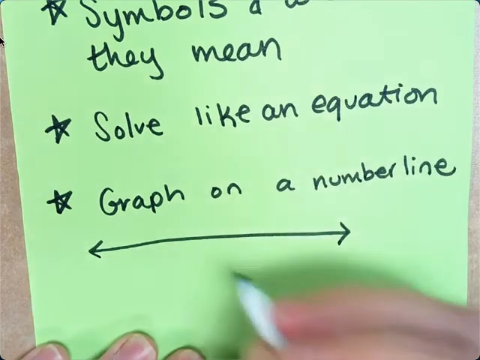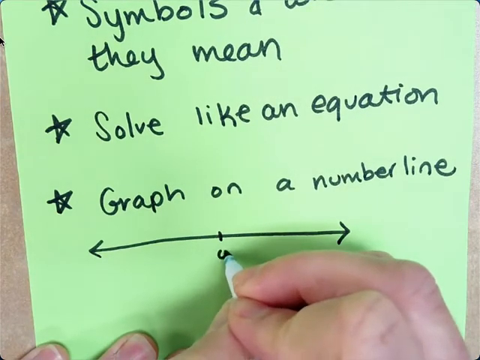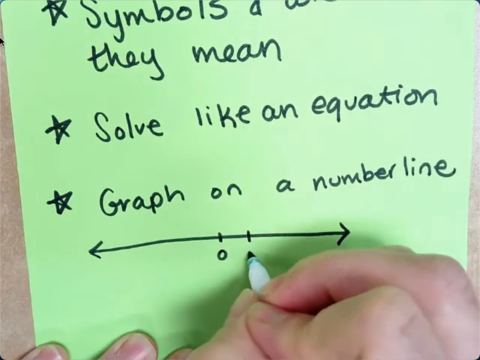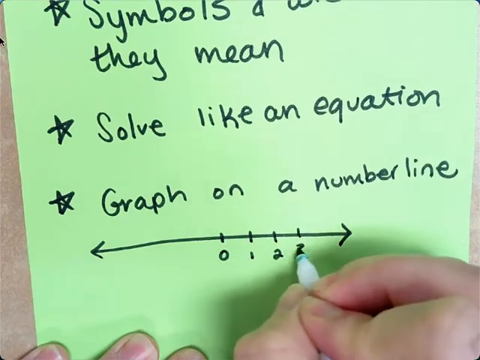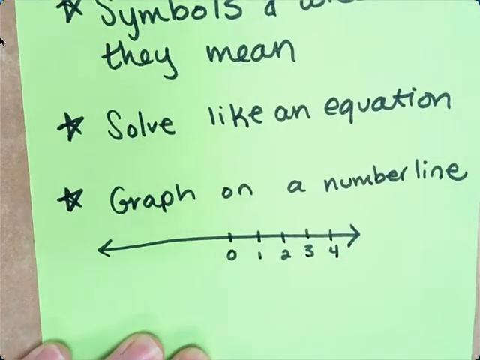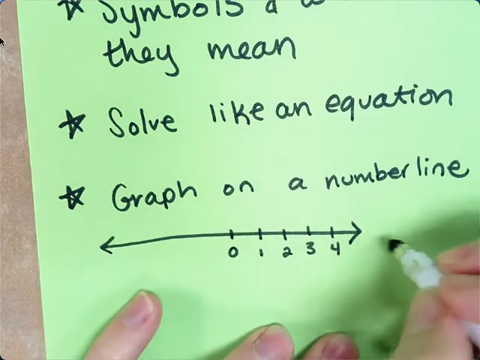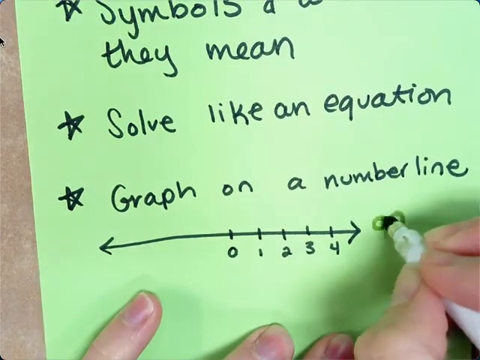So when we have a number line, I'm going to put 0 in the middle. And then if we go to the right, we're going in the positive direction. And if it goes on and on, it's going to positive infinity.